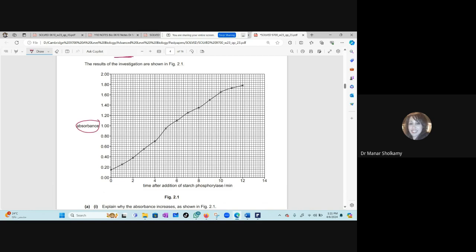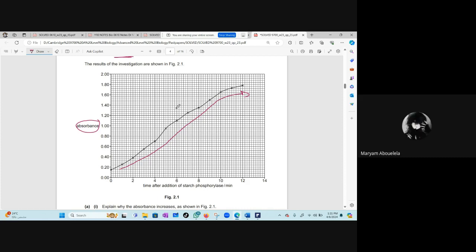It is the measure of how much light is absorbed by the color. Excellent. The darker the color, the more the absorbance. Excellent. So now, why is the color of the iodine getting darker? Because what is being produced as the reaction is progressing?